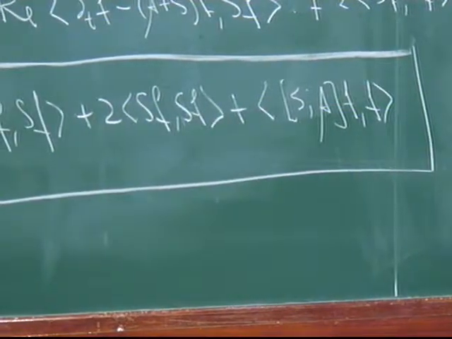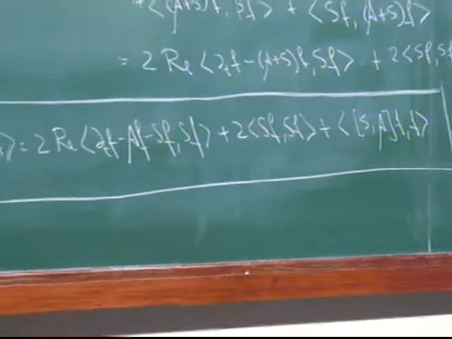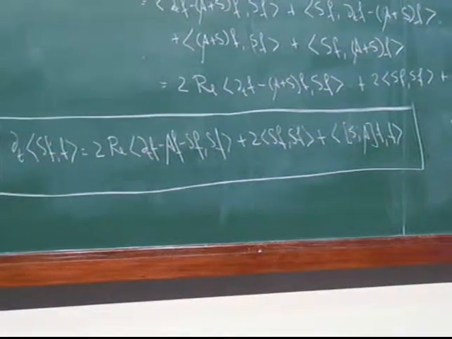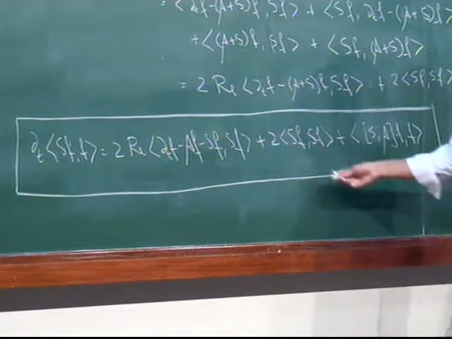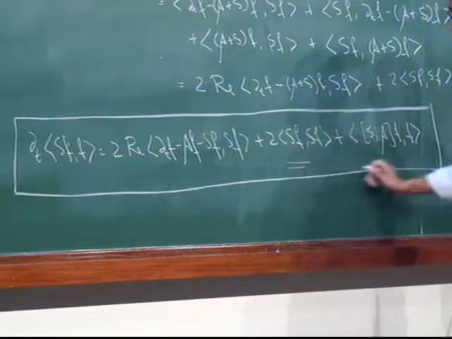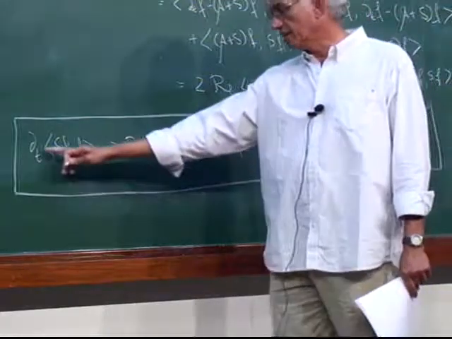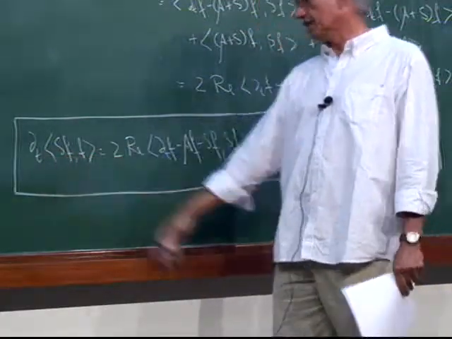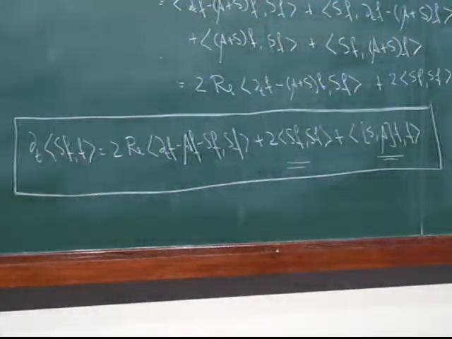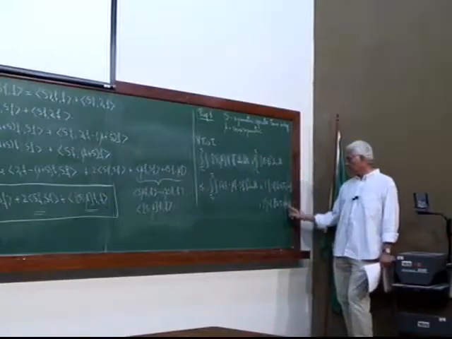Okay, now which part do you want to be positive? You want this part, right? Okay, therefore, if I integrate here in T, I pass this to the other side and I integrate. I use the fundamental theorem of calculus here and bound the evaluation in T1 and the evaluation in T0.